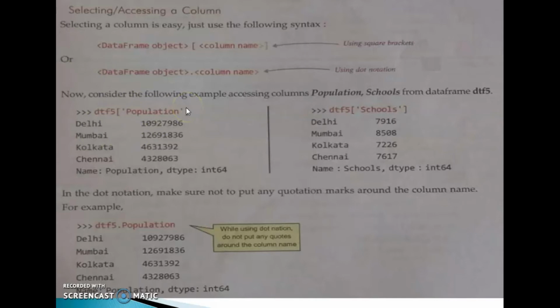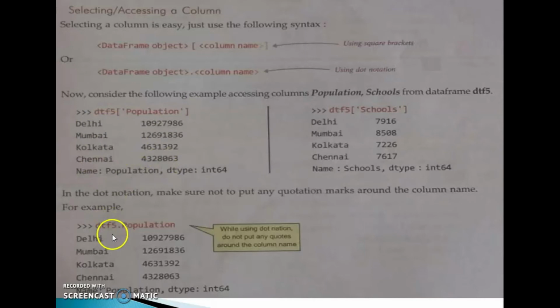That is very important. While using the square bracket, you must use the single quote. DTF5 within the square bracket I use schools, but with single quotes. Clear? Then all the index or rows and the populations we can also see.